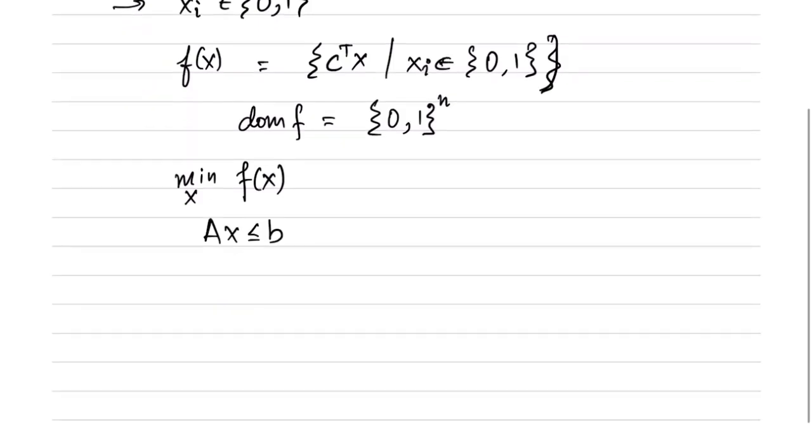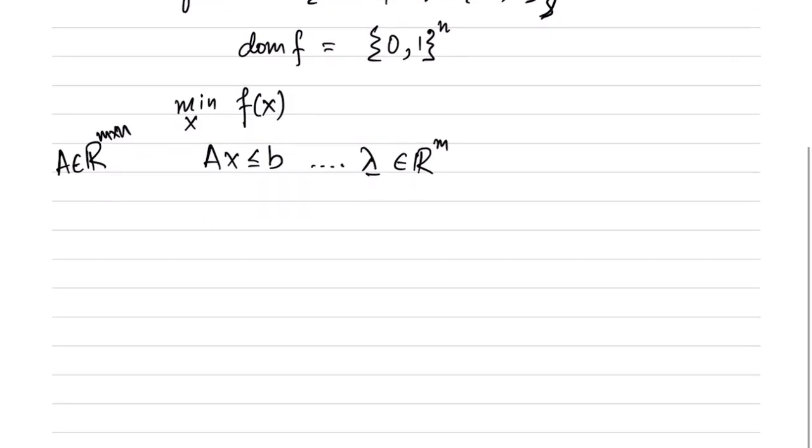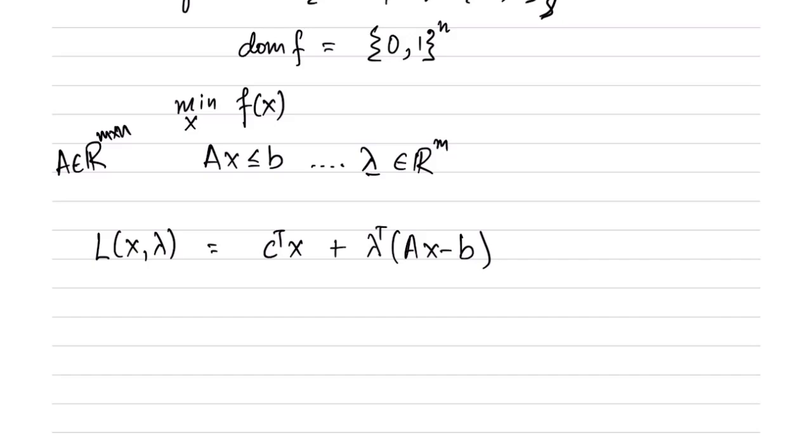If we write it like this, let us associate a dual variable lambda which is in R^m, where A is in R^(m×n), with this constraint. Then the Lagrangian is given by L of x comma lambda equal to c transpose x plus lambda transpose (Ax minus b), because the constraint is Ax minus b less than or equal to 0.